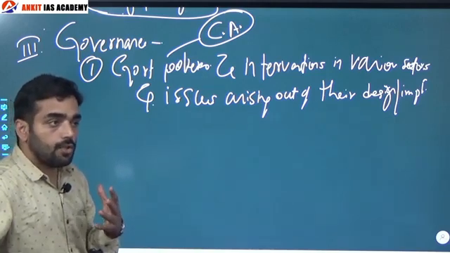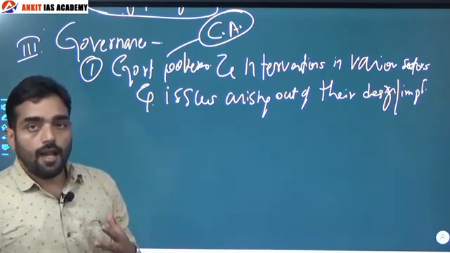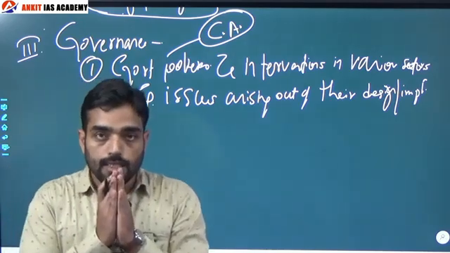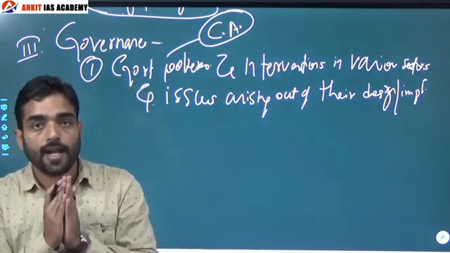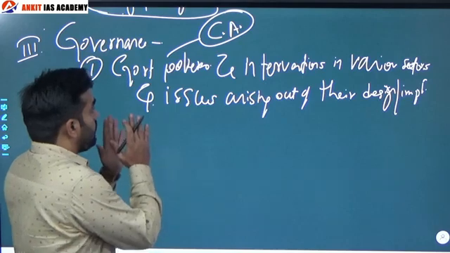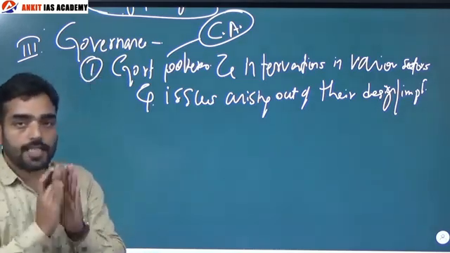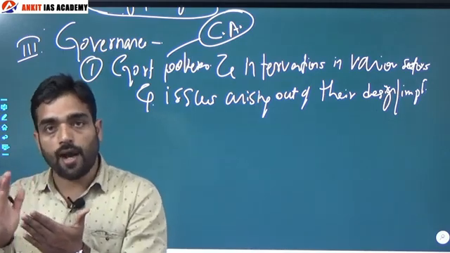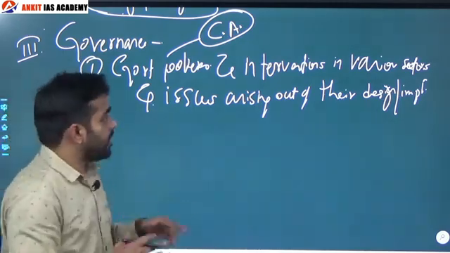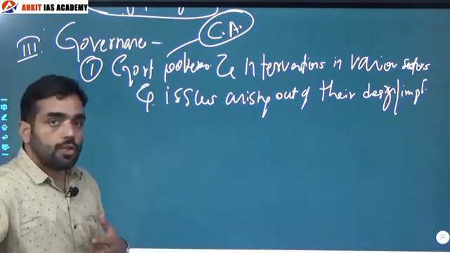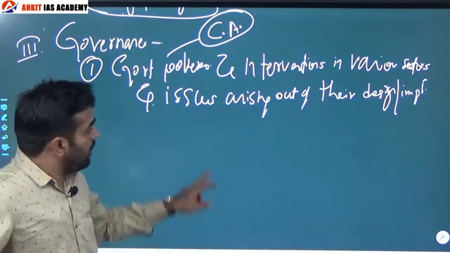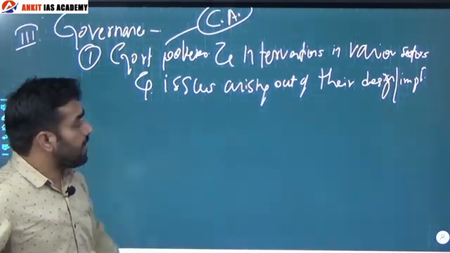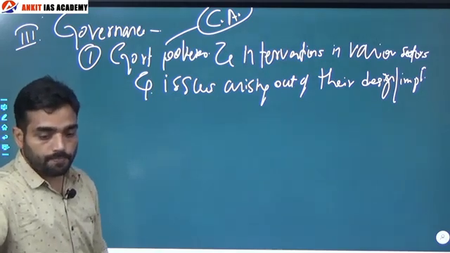There are issues associated with Digital India, and the issues associated with Digital India can also be linked with MGNREGA. So this will come from current affairs, and there is a pattern in various schemes and what issues they face and what reforms are required. So you have to basically understand what are the various issues government schemes are facing, and you will be able to answer this part very easily.